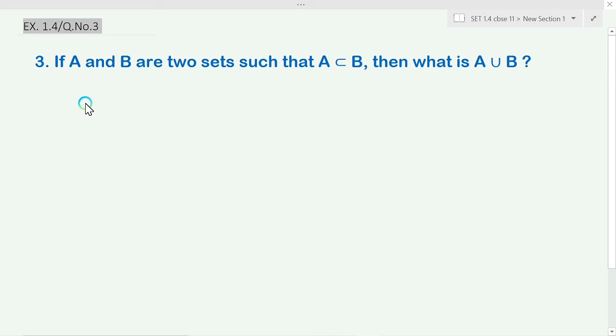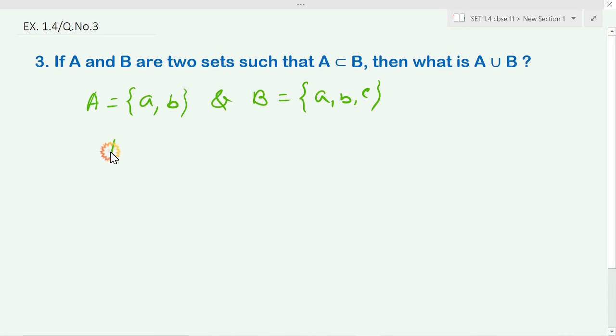As you see in question number 2, where A equals to {a, b} and B equals to {a, b, c}, we find that A is a subset of B, and we get A union B equals to B, as you see in the previous question.